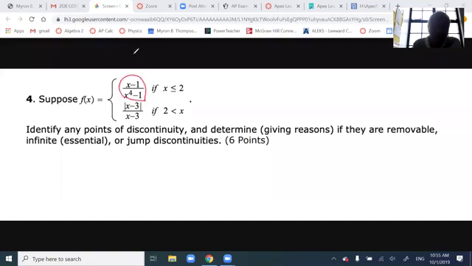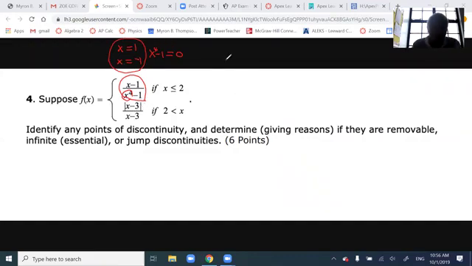For this one, we can see that when x equals 1 or x equals -1, that makes x to the fourth power minus 1 equal to 0. The denominator equals 0, so the function is not continuous there. So you have those 2 points of discontinuity there.